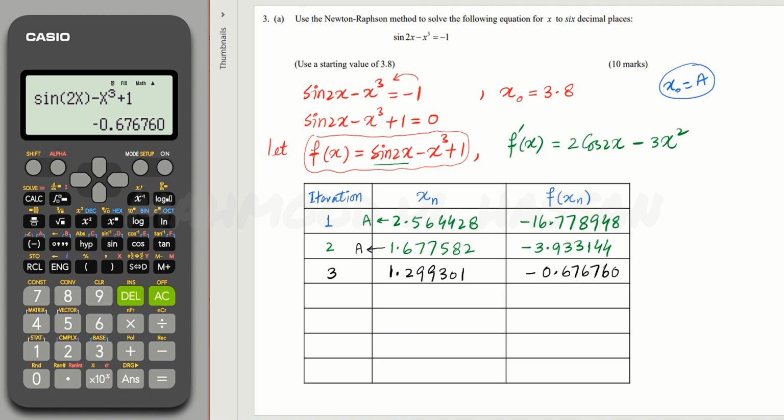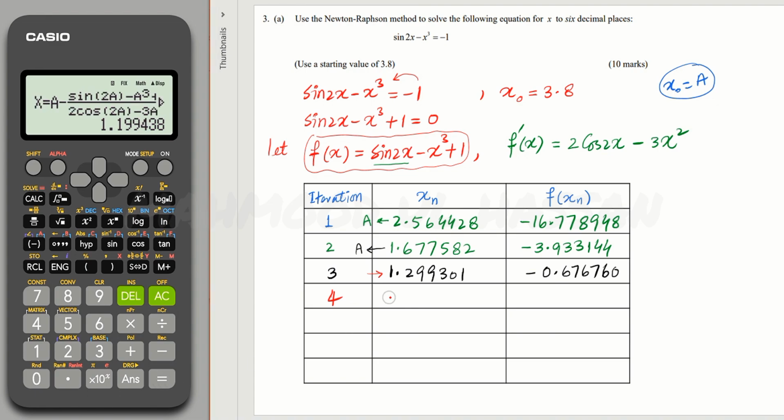Now move to the next iteration, iteration number 4, and again press the calc button and just put the previous approximate root as an a, that is in this case our 1.299301, and then press equal.